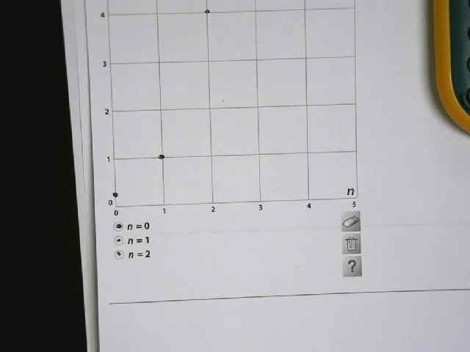This one's gonna be the challenge. Ooh, ugly numbers. Oh, well, it is what it is, right? So all you have to do is put 0, 0.25, 1, 1 and 2, 4.